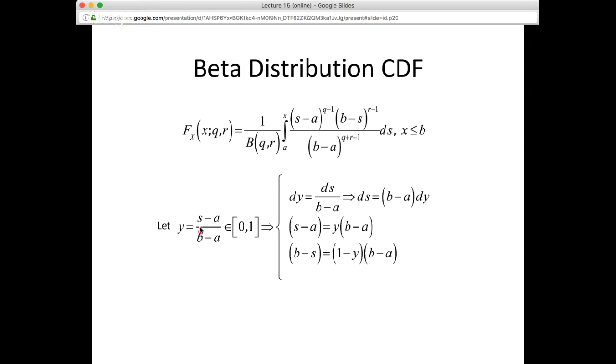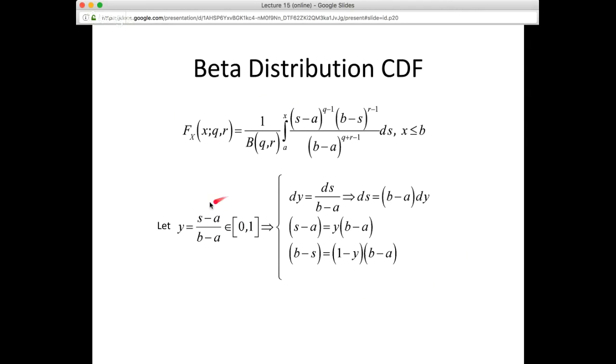How does that work? Well, think about the limits of s. So s goes from a at the lower limit, and the maximum value x can take on here is b, so s goes between a and b. So when s is equal to a, this quantity y is going to be 0, so that's the lower limit.